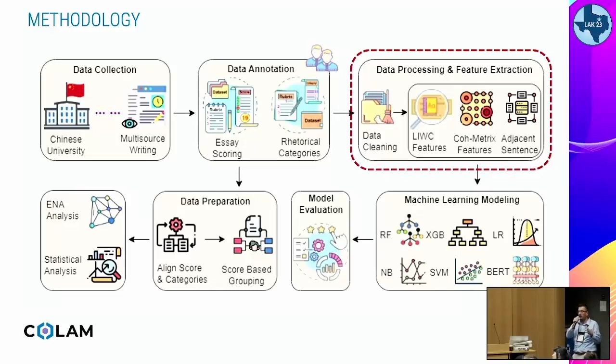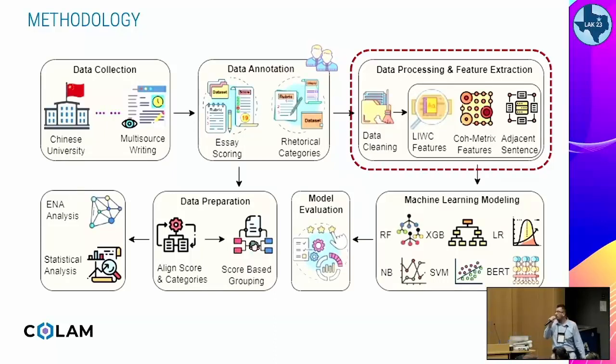Once we created these 252 features altogether, we used those to train and evaluate conventional machine learning models, which were random forest, extreme gradient boosting, linear regression, support vector machine, and naive Bayes. We also developed a BERT-based deep learning model that is grounded in a pre-trained language model, BERT, and evaluated those models using the metrics that I will show in a second.